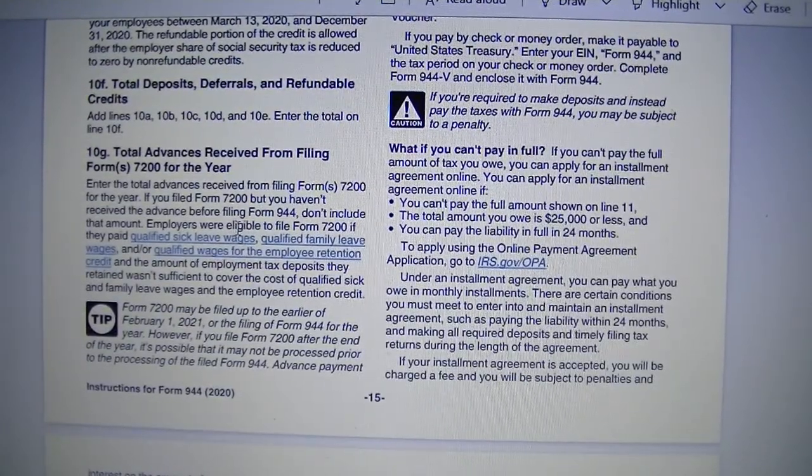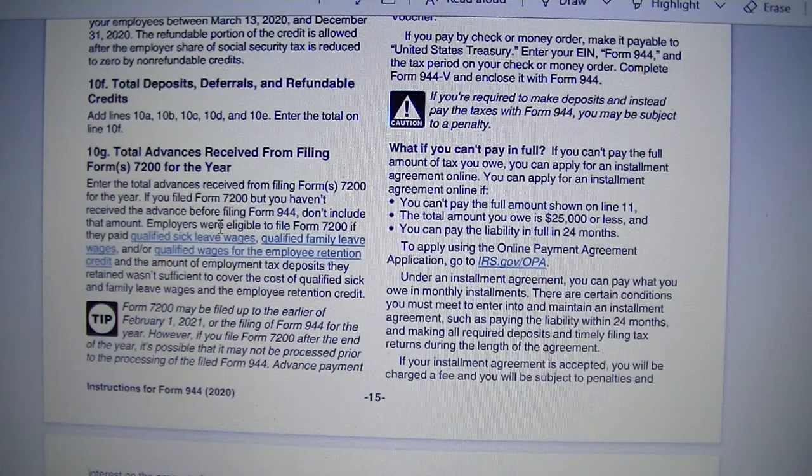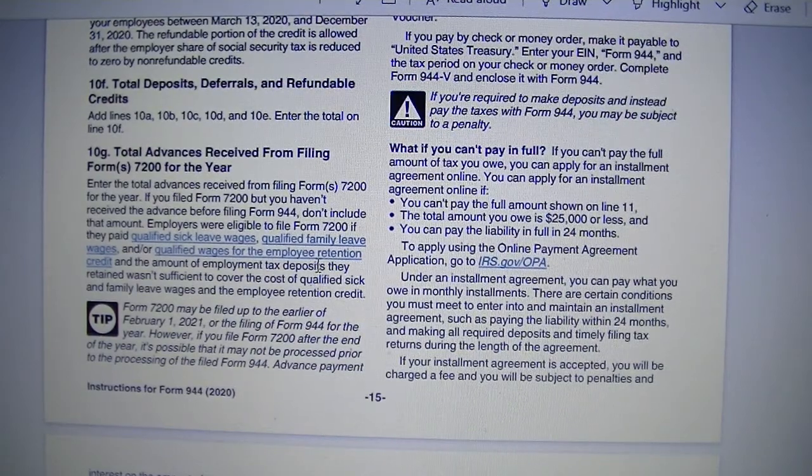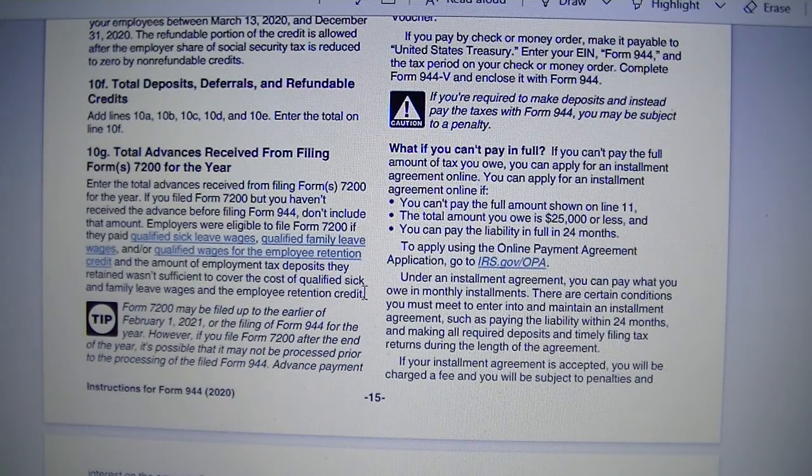So if you file Form 7200 but you haven't received the advance before filing Form 944, don't include that amount. Employers were eligible to file Form 7200 if they paid qualified sick leave wages, qualified family leave wages, and or qualified wages for the employee retention credits, and the amount of employment tax deposits they retained wasn't sufficient to cover the cost of qualified sick and family leave wages and the employee retention credits.